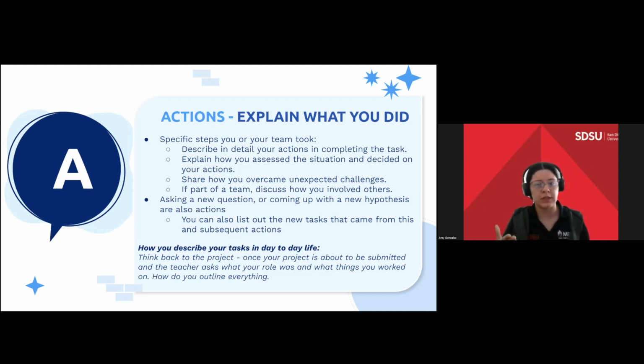And if you're part of a team, you discuss how everyone involved themselves and what challenges each person faced, as well as any new question or new hypothesis that you came up with throughout your research or whatever work you're doing. And you can also list out any new tasks that came from this and any subsequent actions that you took.